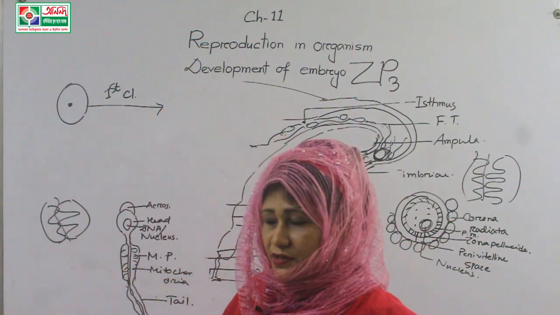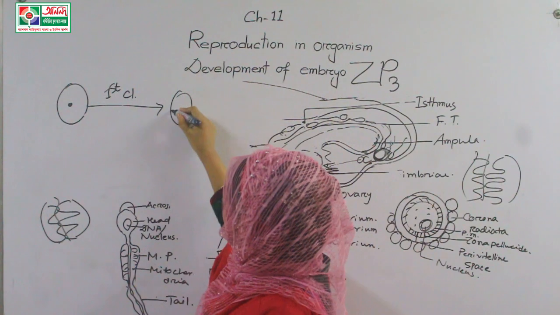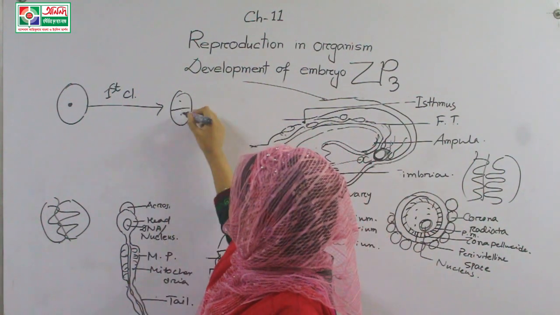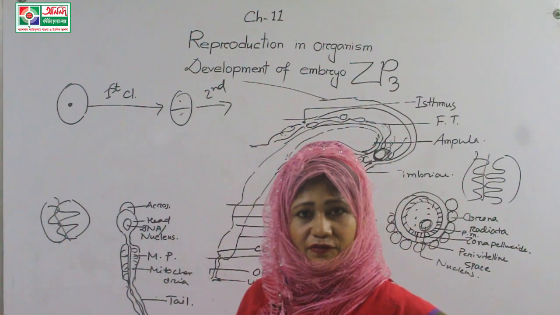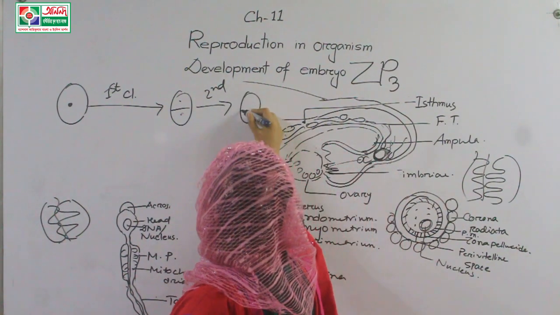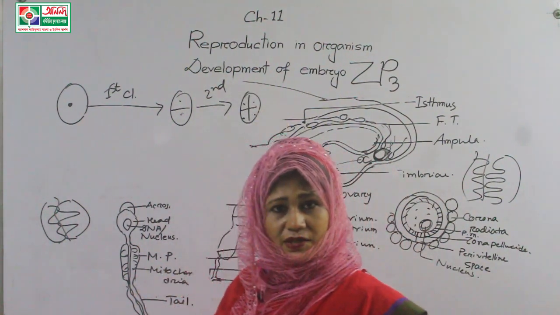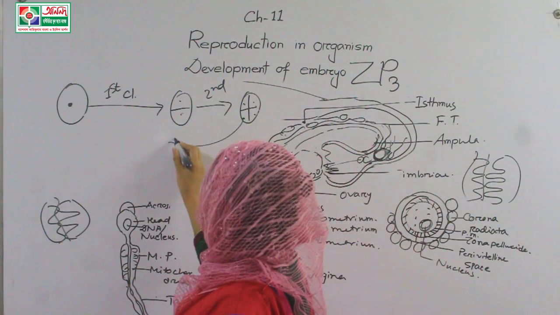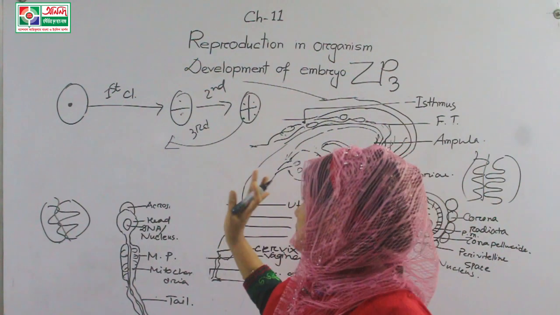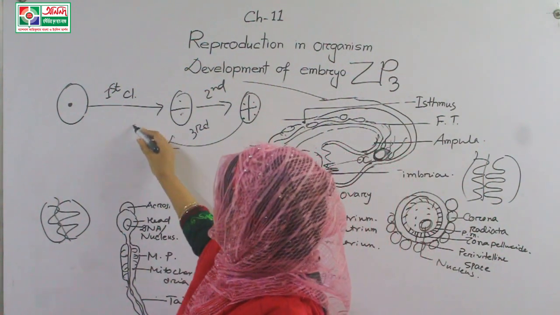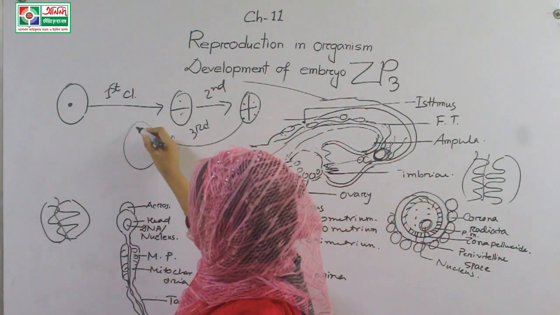Suppose this is the first cleavage: we get a two cell structure. After the second cleavage, from 2 we get a 4 cell structure. And after the third mitosis, what's happening? This is a very important topic for your exam. After the third mitosis we get an 8 cell structure.